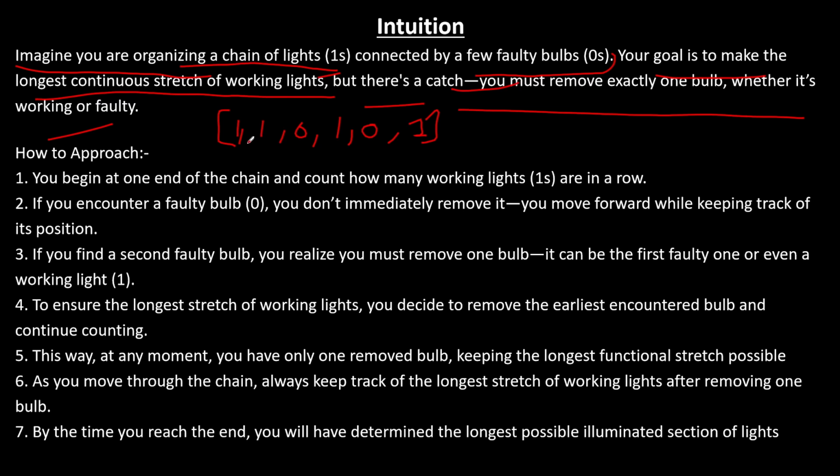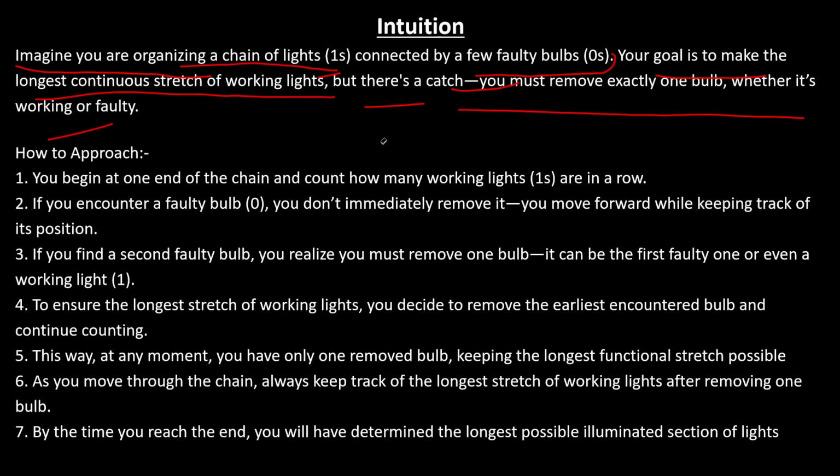It could be this of length 4, because if we remove this, then the length will become 3, consisting of ones. And if we remove this 0, we will get contiguous ones of size 2. Since we cannot remove both of these two, it is not possible. So this is clear from this example that the output will be 3.